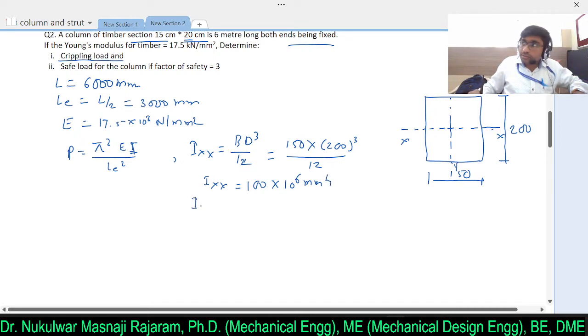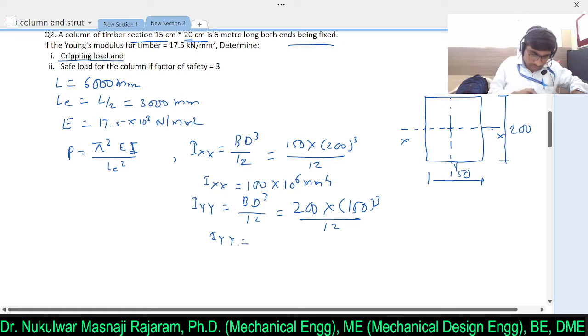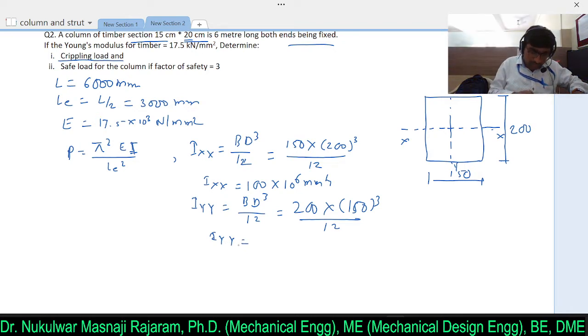Likewise, I must evaluate the Iyy. Same formula, BD cube divided by 12. So for Iyy, I will consider the parallel value 200 into the perpendicular 150 cube divided by 12. So Iyy, I will evaluate 200 into 150 raised to 3 divided by 12.